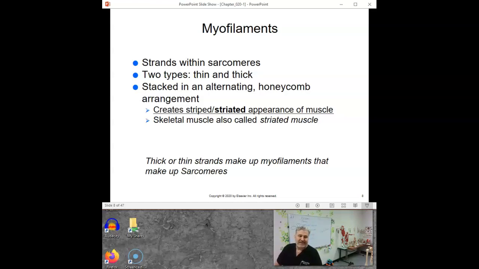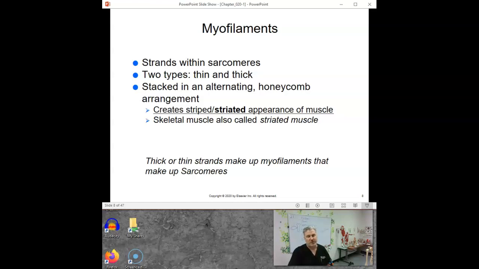And these actin and myosin proteins, which we don't need to fully understand, believe me, but they show up as thick and thin filaments within the sarcomeres, and those thick and thin filaments in these sarcomeres create a striped appearance. And it's the reason they call skeletal muscle striated.